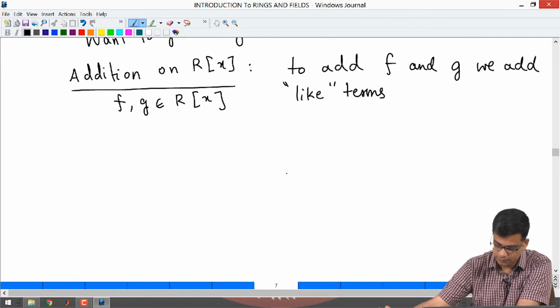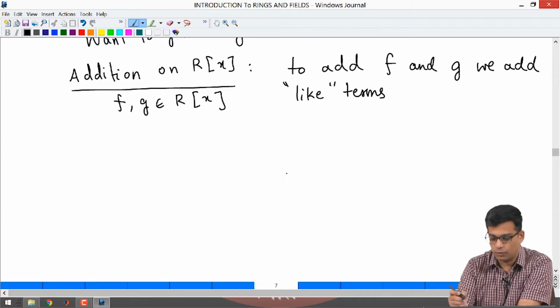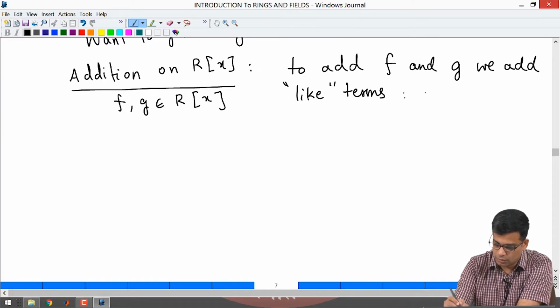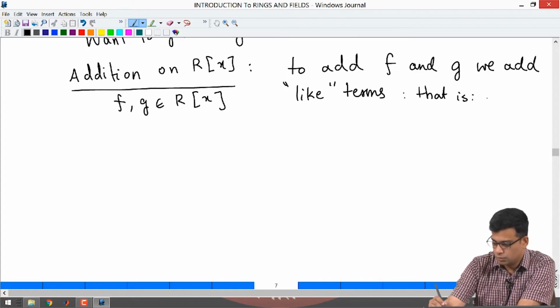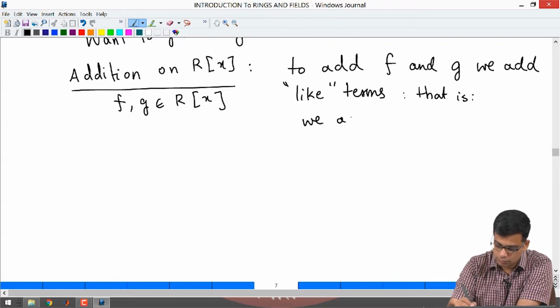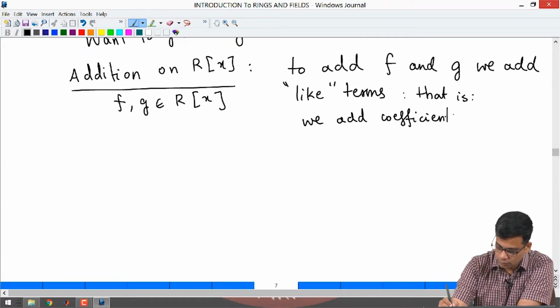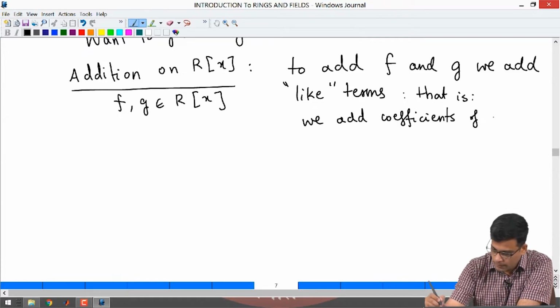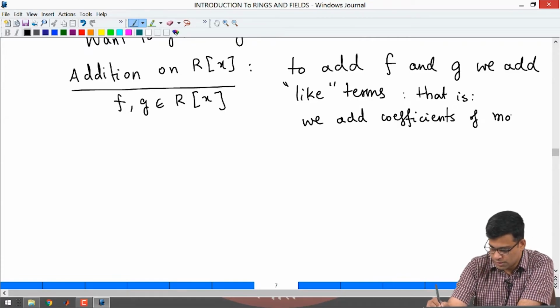So what does this mean? When I say like terms, we add coefficients of monomials of same degree.